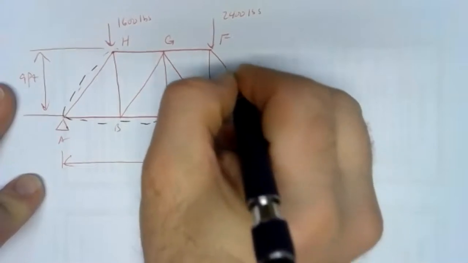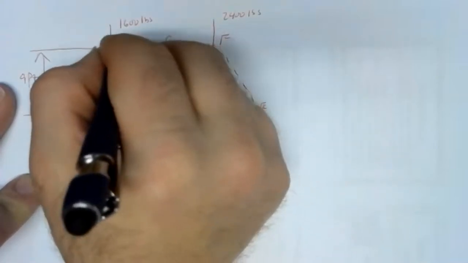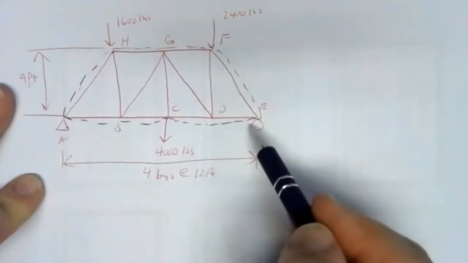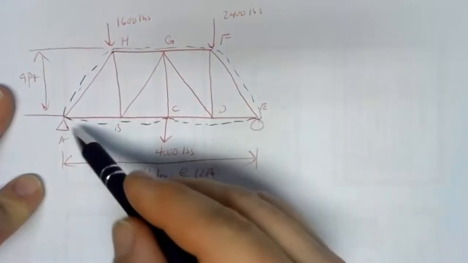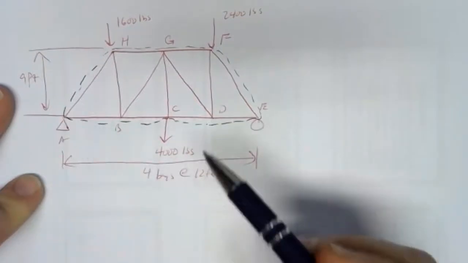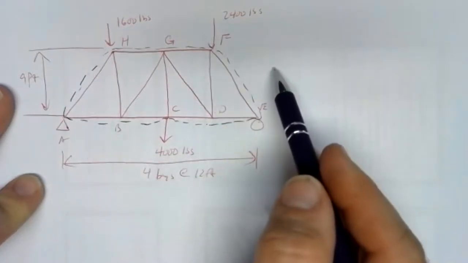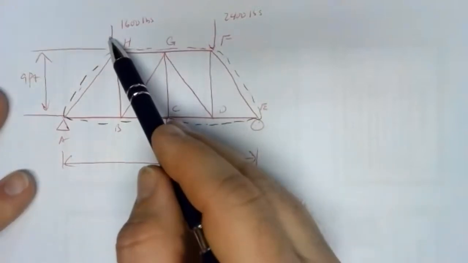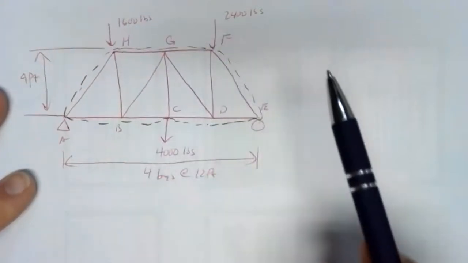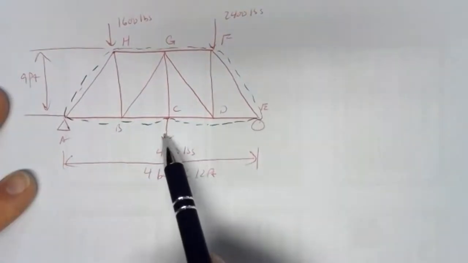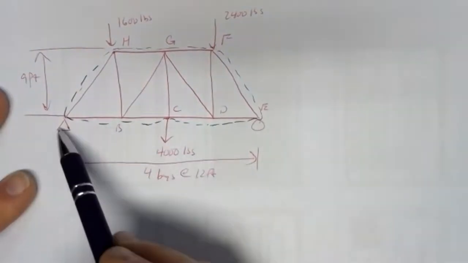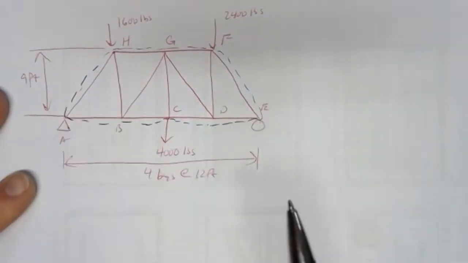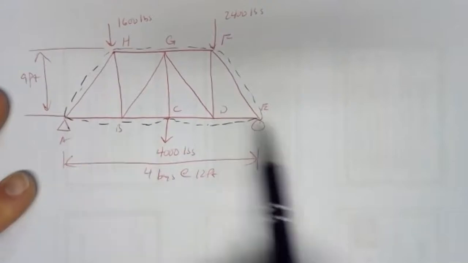So our system is the truss itself, and everything that pushes on or gets cut through by that system boundary is an external force. So here we've got some external forces. We've got the 1,600 pounds at H, we've got the 2,400 pounds at F, we've got the 4,000 pounds at C, and then we've got our reactions at A and E at the pin and the roller support.